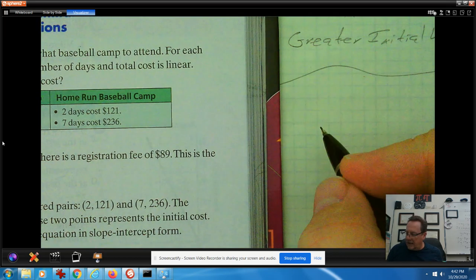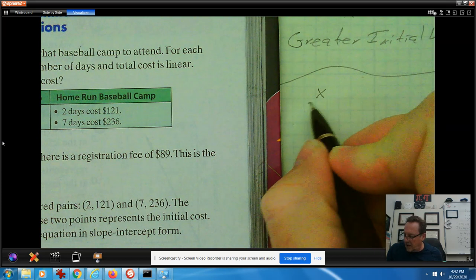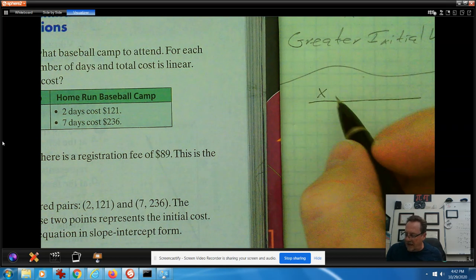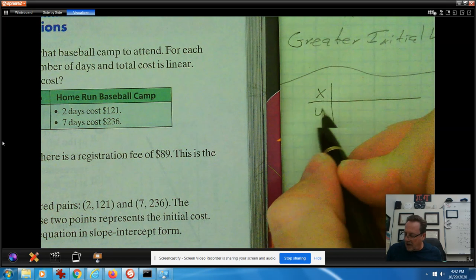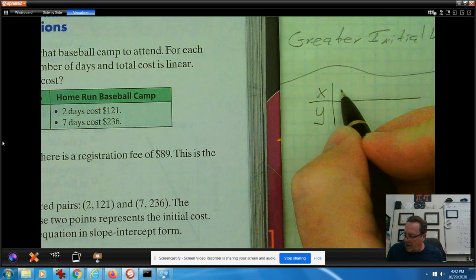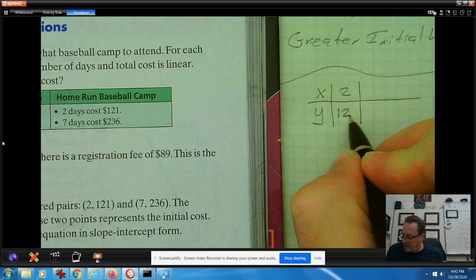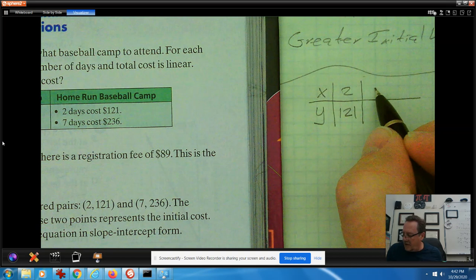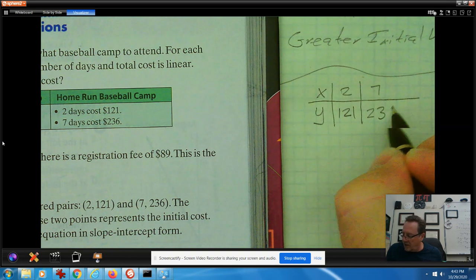So I'm going to make a little table. I'm going to call the number of days that I'm there x, and I'm going to call my cost y. And I know that 2 days is going to cost me $121, and that 7 days is going to cost me $236.